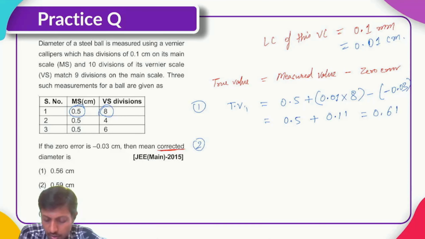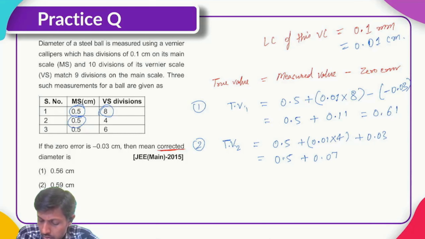Second reading, the second true value would be, again, main scale reading 0.5 plus 0.01 multiplied by 4 plus 0.03. This is equal to 0.57.